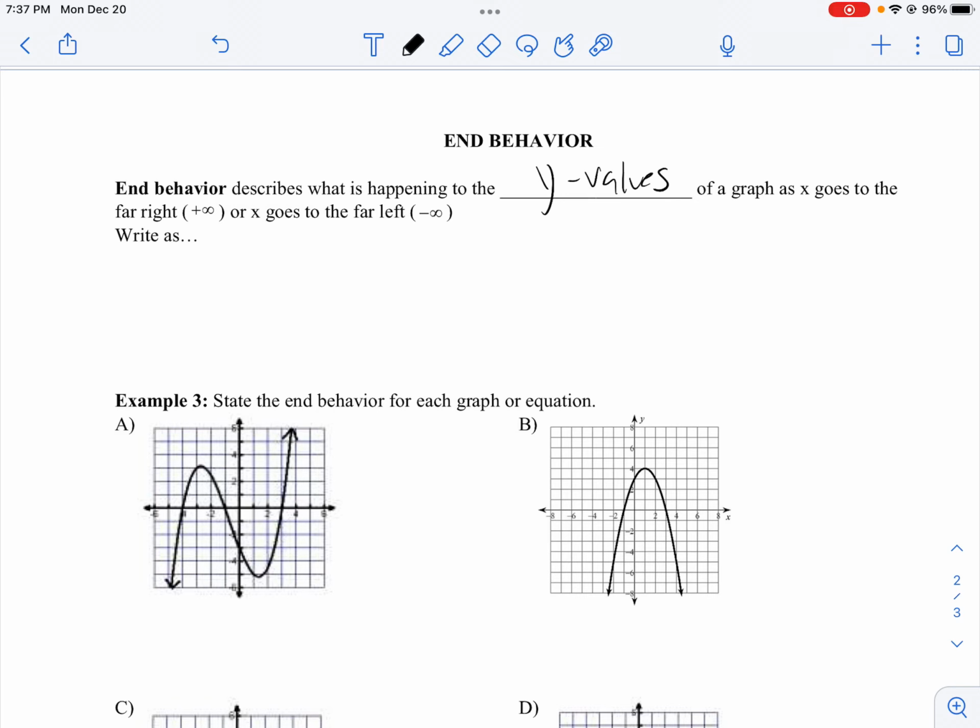So the notation that we write this as, or the notation we're going to be using in class and on the homework, will be as x arrow, meaning goes to, infinity, f of x, or in other words, y, goes to what?